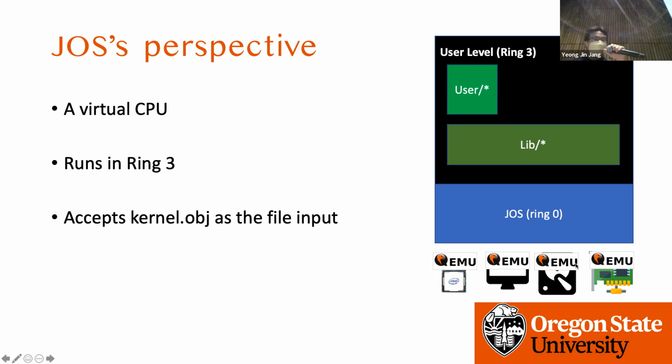You can think of it like the operating system asks something, and the software says exactly the same thing the hardware would say, so we can actually emulate the hardware environment. That's how QEMU works. And QEMU not just emulates the CPU, it also emulates graphics, disk, network, and other devices, and all of these run in Ring 3.